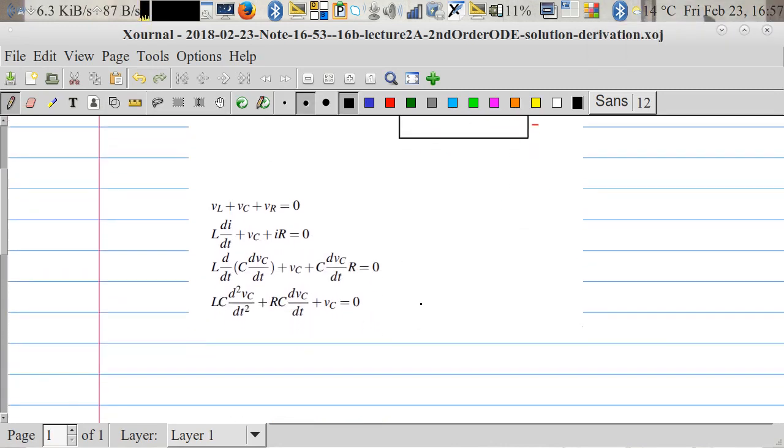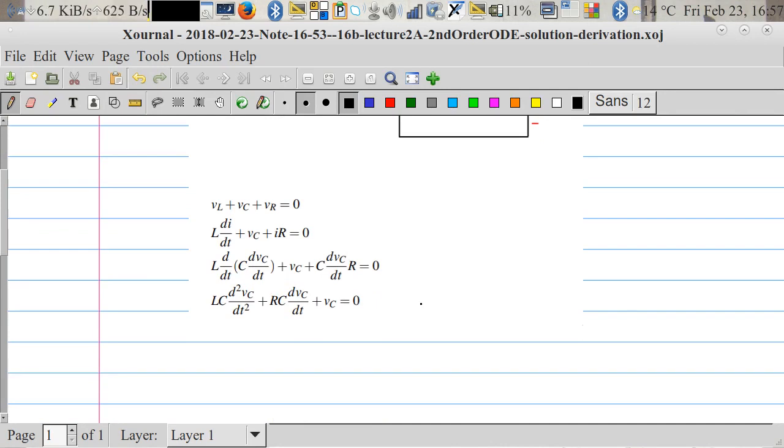Let's start with this. The goal is to try to solve this, right? Yeah. Is to solve this.